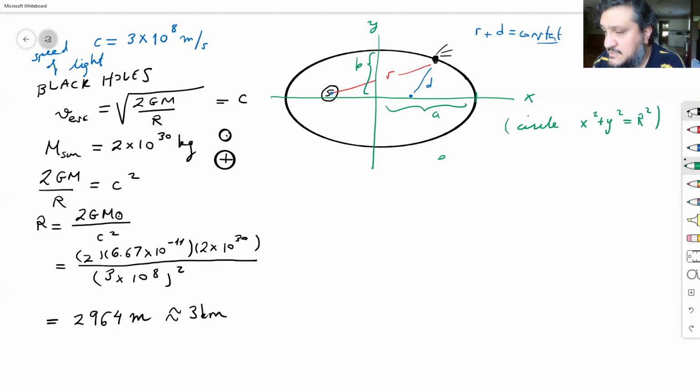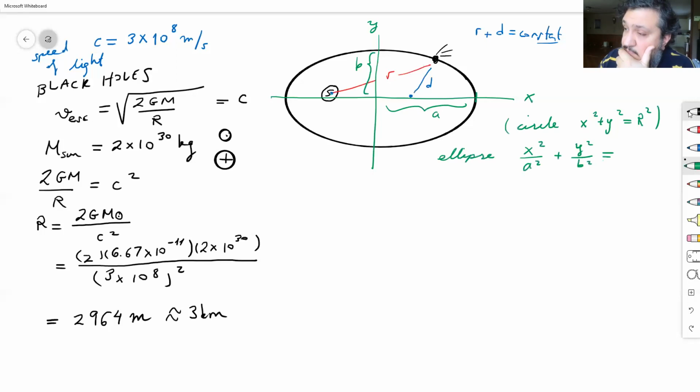But for an ellipse, this condition works, and the equation for an ellipse is x squared over a squared plus y squared over b squared equals 1. Okay, that's the equation for an ellipse. And then there are other parameters like eccentricity, and the focal point is a certain distance away from the origin, and then the ratio of that length to a.